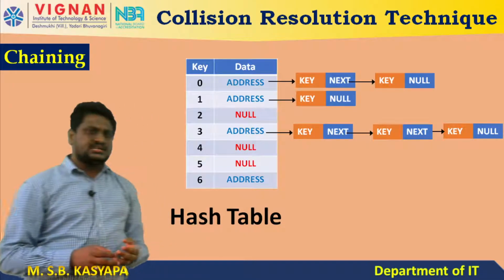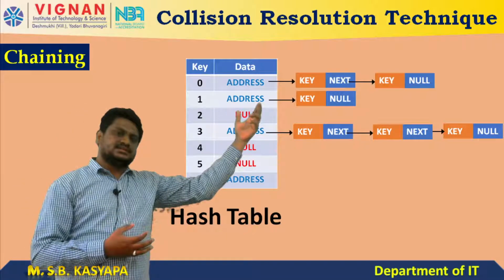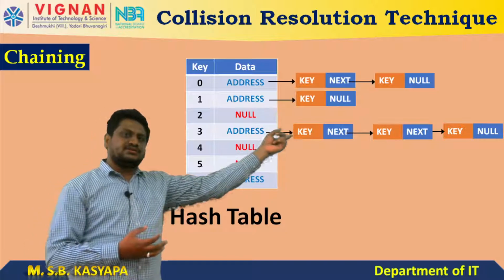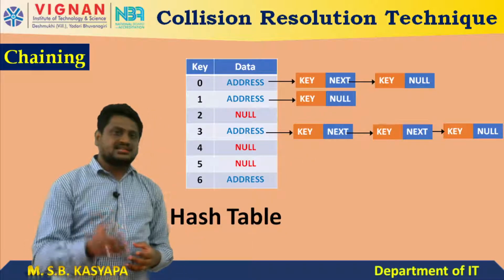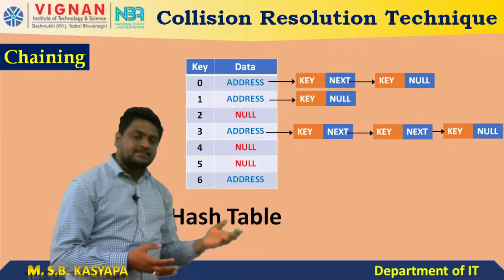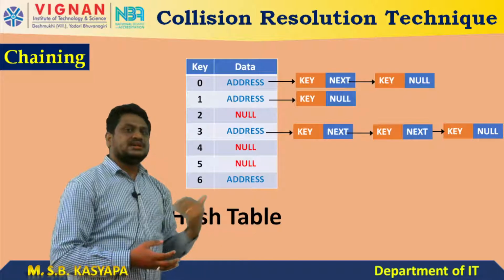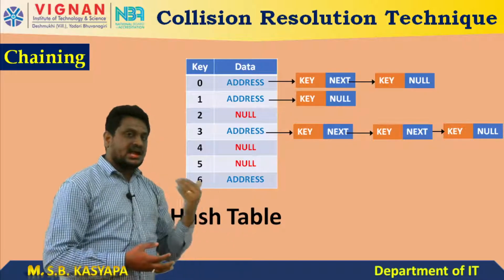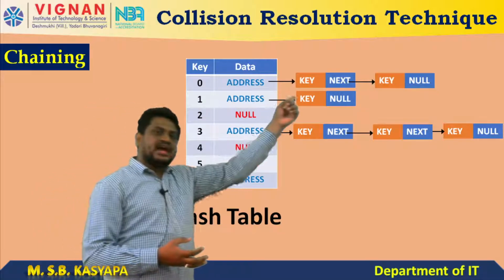From the linked list, each and every node is linked with an address, so each node contains two fields. The first field is data, the second field is address. The first field holds the key, and the second field holds the next key address. Now, at index 0, the key has two values.